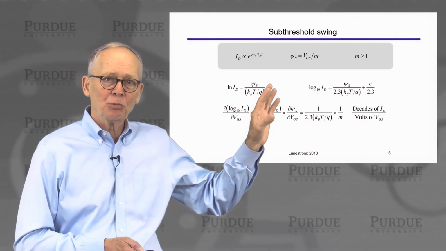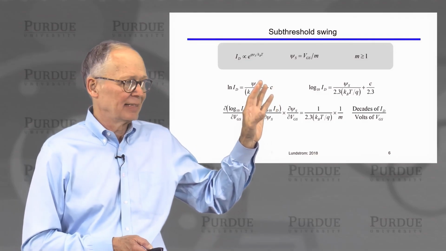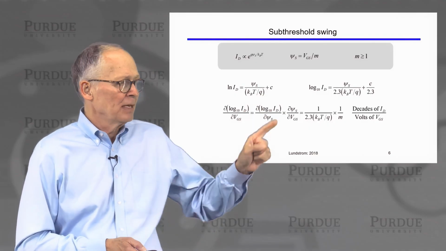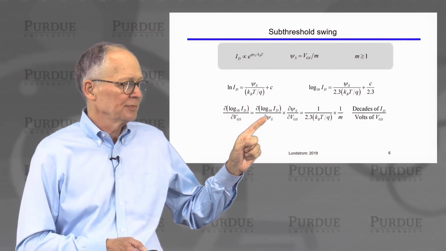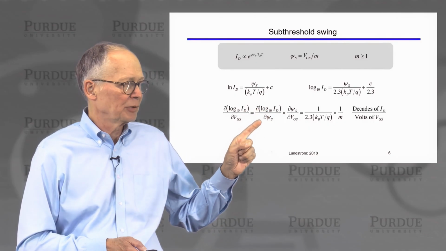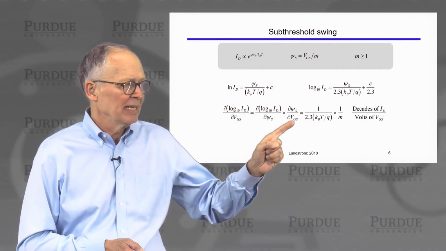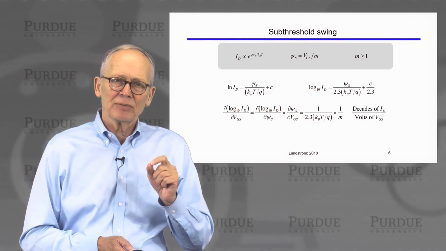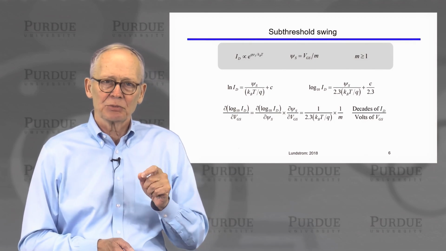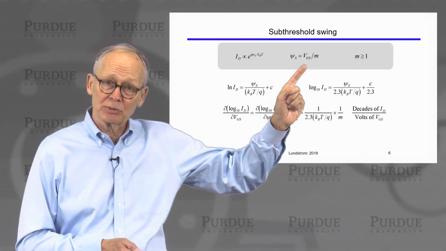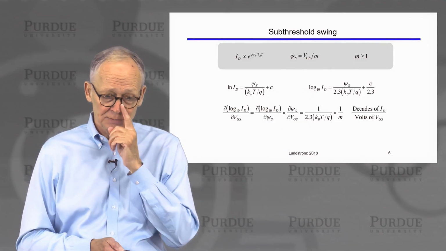We could take the slope of this log current versus gate voltage. Well, we could use the chain rule. The first part would be the derivative with respect to the surface potential, which we can take right here. And the second part would be the derivative of the surface potential with respect to the gate voltage, which we can do because we know the relation between the gate voltage and the surface potential.